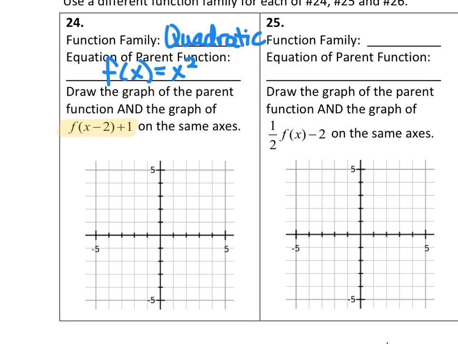F of x equals x squared is a U-shaped function that has its vertex or its minimum at the origin. And then the transformation that we're going to make asks you to shift it right 2 and up 1. And so I'm going to do this in a different color. If I take the vertex of that graph and go right 2 and up 1, the transformed graph is going to look like that.